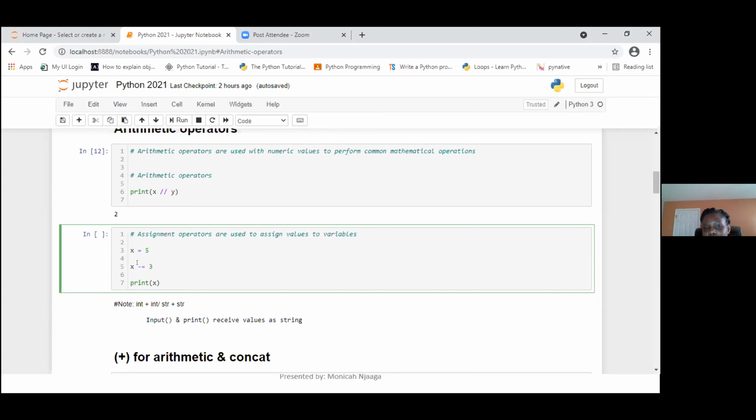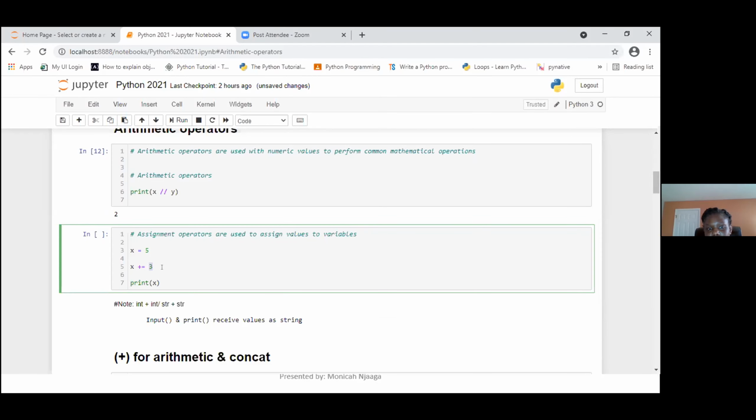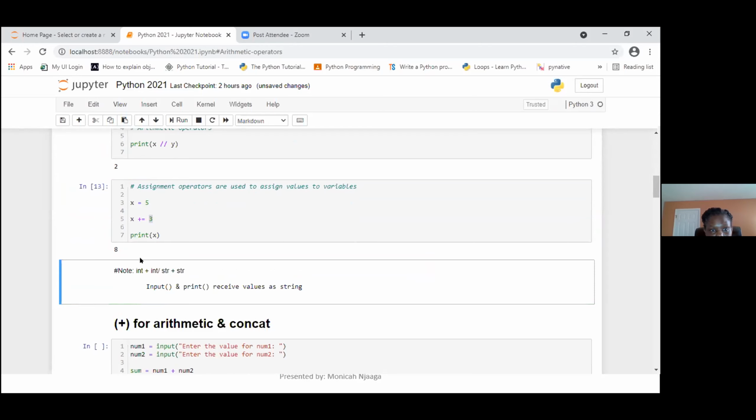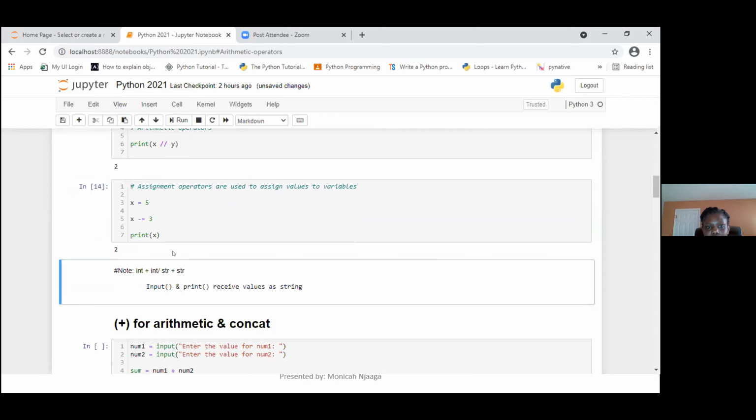And then we want to see, so x plus equal to 3, and then we print the value of x, because what we are doing, we are taking the original x and then we are adding 3 to it. If you remember from the slide, we said x plus equal to 3 is the same as x equals x plus 3, okay? So now the answer here should be 8, the last time I did math, yeah. And then same case, if we do a minus, then it's gonna be 5 minus 3, which is 2, on and on.